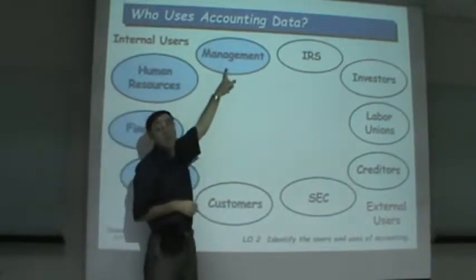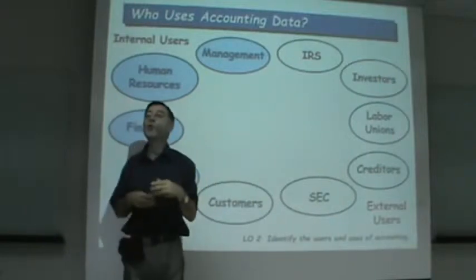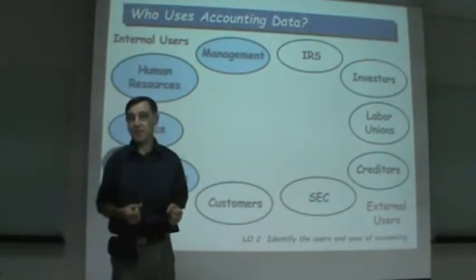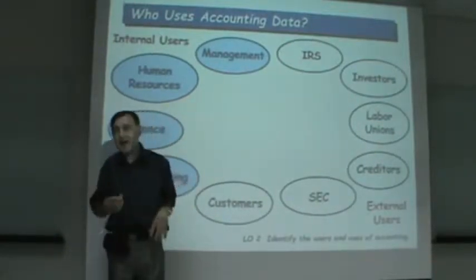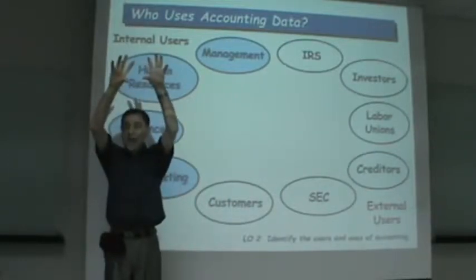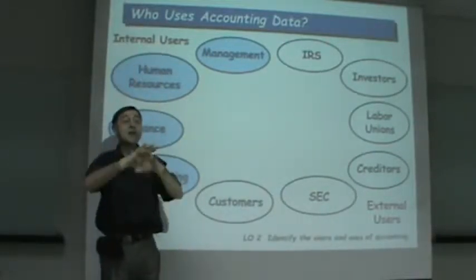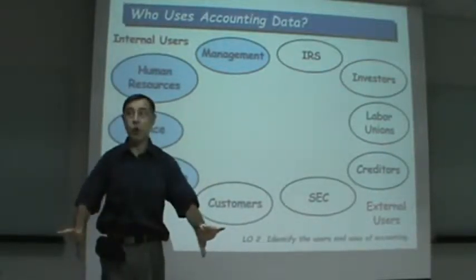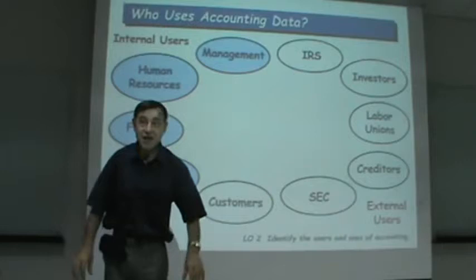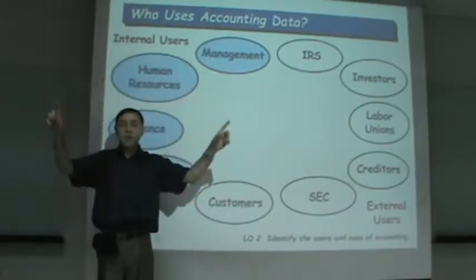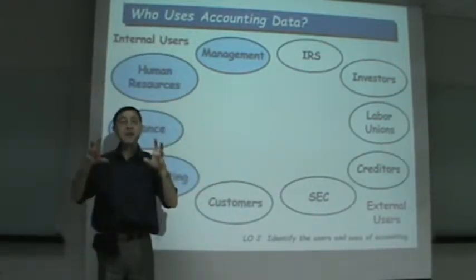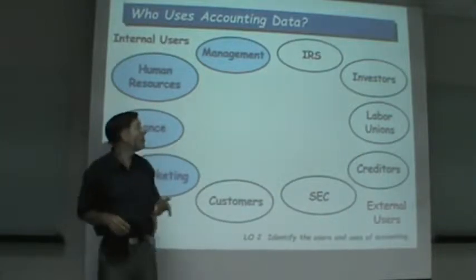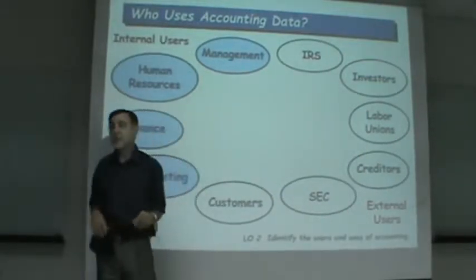Management comes from manage. These are the people who manage the company. And we divide them into top level management or top management, into the middle level management, and bottom or first line management. So all the people jointly who run, manage, and operate the company we call management.